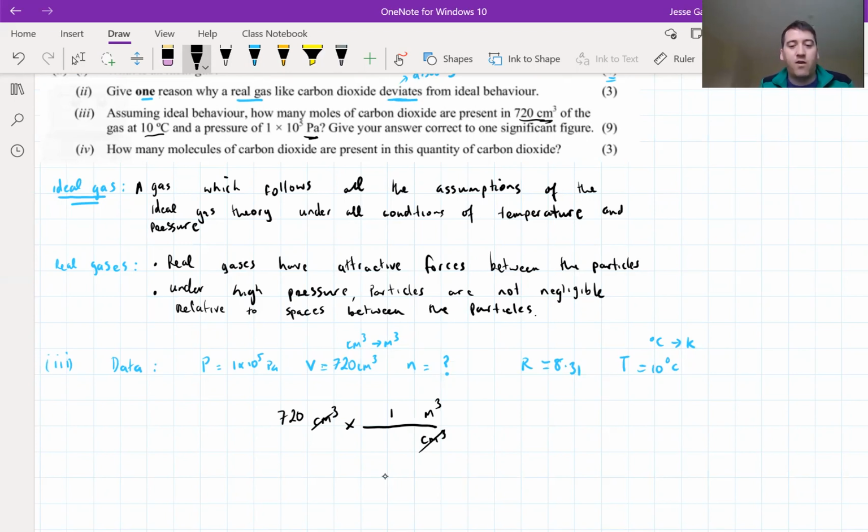Okay, what you should have done is for every 1 meter cubed, there are 1 × 10⁶, or 1 million centimeters cubed. Go ahead, get that on your calculator, figure out what that is. What you should have figured out is 7.2 × 10⁻⁴ meters cubed.